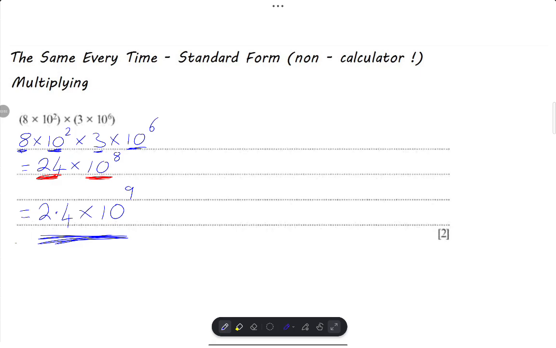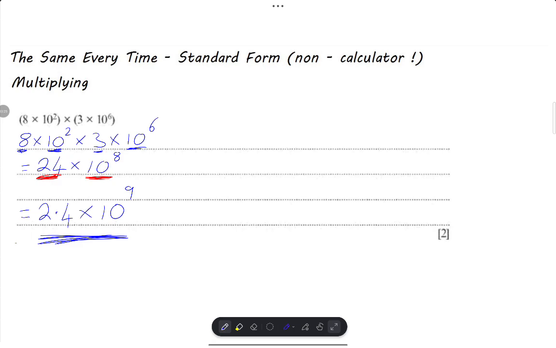So all I've done here, I've written it without the brackets, you don't really need them. Multiply the numbers together, 8 times 3, 24, times 10 to the power 2 times 10 to the power 6. Multiplying, we add the powers. So adding the powers gives me 10 to the power 8. I can't have standard form with a 24 at the beginning.